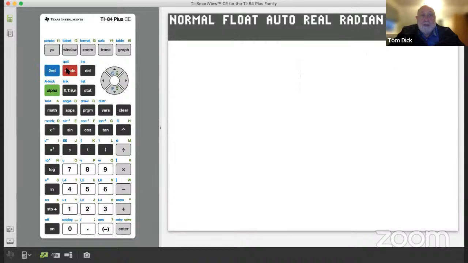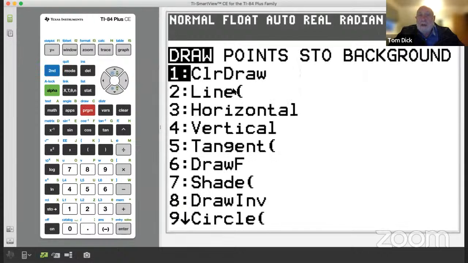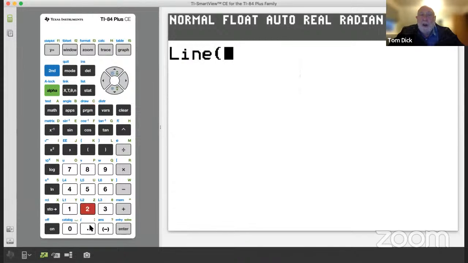So I'm going to quit off the graph here and pull up the draw menu. I want to draw in a line, number 2, from the origin, where our train station is, directly out to where the train is when it's at (5, 12).